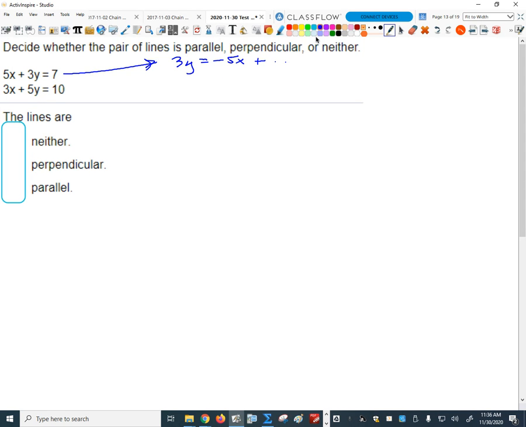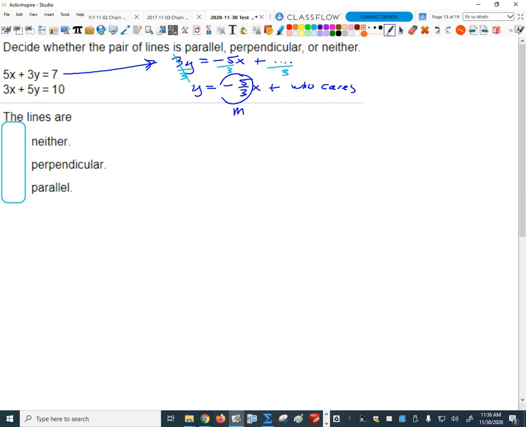What's the next thing I do, Brogan, to get that y by itself? You would divide by 3. Very good. So if we divide by 3, we're going to end up with y equals -5/3 x plus, who cares? There's our slope, right? There's the slope of the blue line.